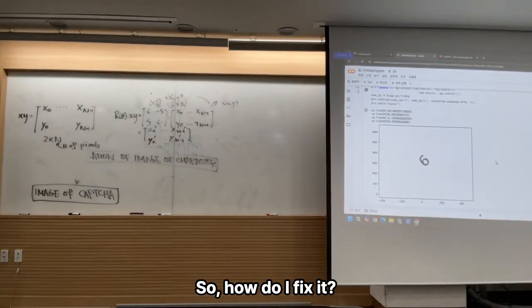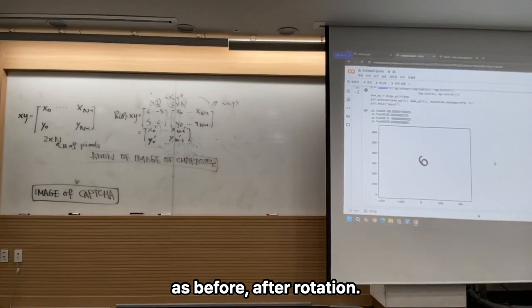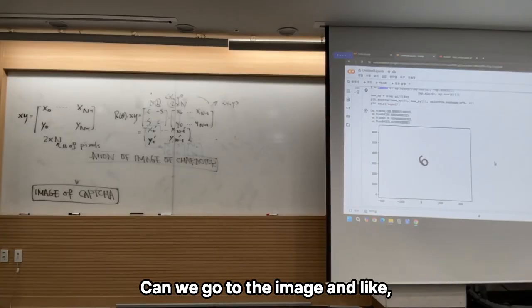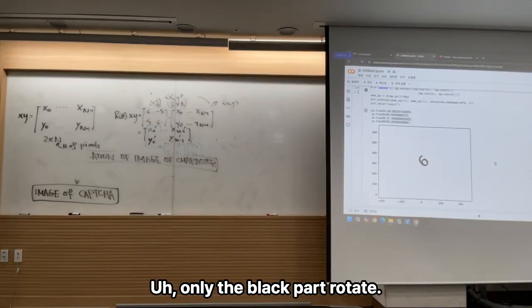So how do I fix it? I just want to rotate 6. And I want to keep the center of 6 the same as before after rotation. How do I do that? You can go to the image and detect the colors, like black. Yes. Only the black part rotates.